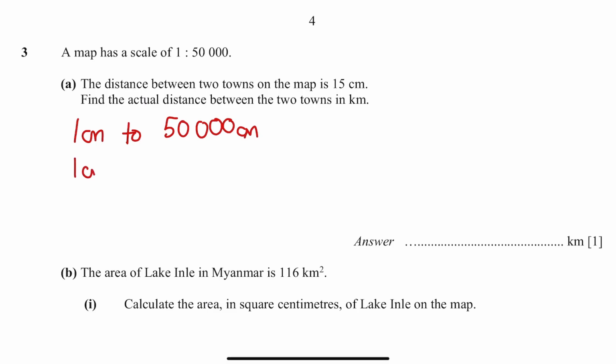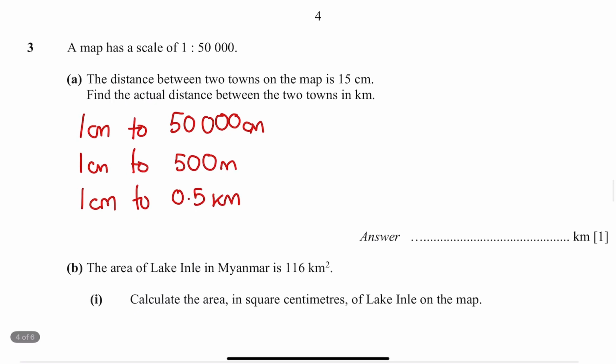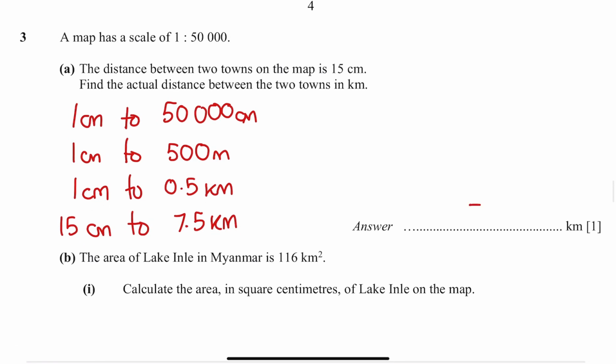This means that 1 cm is to, convert cm to meters first, divide by 100, this will become 500 meters. Convert to km now, divide by 1000, 0.5 km. Okay, so from here, now if I want 15 cm, I multiply 0.5 by 15, I'll get 7.5 km. Okay, therefore answer to this question is 7.5.